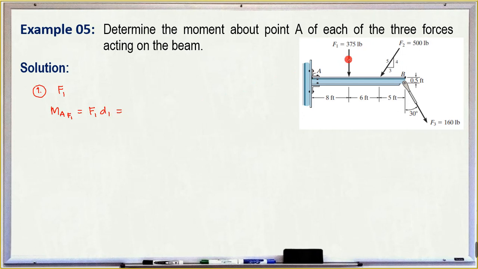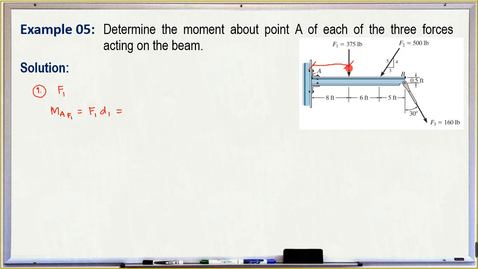Luckily, F1 is oriented so that its distance to A is perpendicular to its line of action.